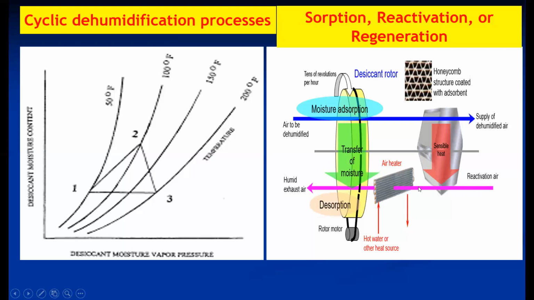The reactivation air is made to flow over this air heater, so it gets heated, and when this hot air is made to flow through this desiccant material, the desiccant material gives up its moisture to the air. So that process is called 2 to 3. This is called the reactivation process, where the desiccant wheel is discharged.